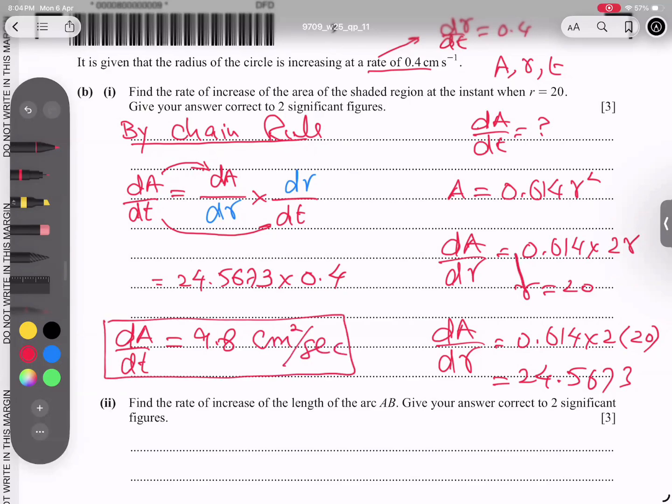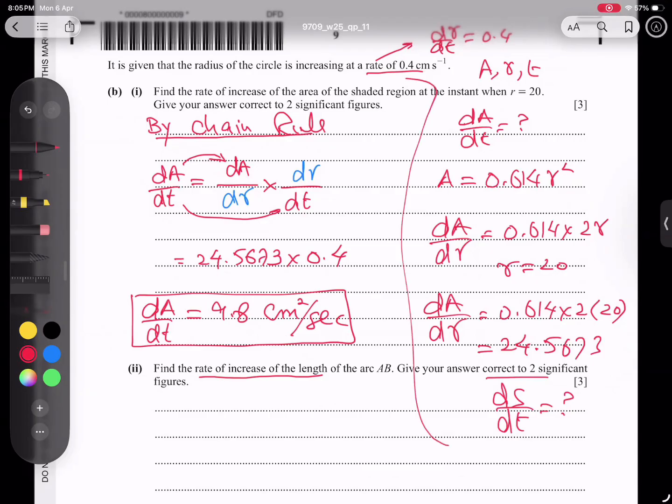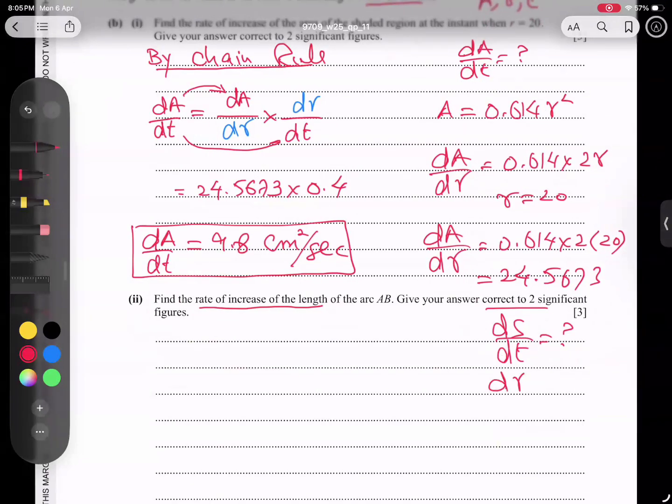Same way, we have one more part. He is asking the rate of increase of arc length. Arc length means ds by dt is our job to find, and again 2 SF. So what to do, students? This top line is applicable on this part as well. So dr by dt, I have 0.4 available.